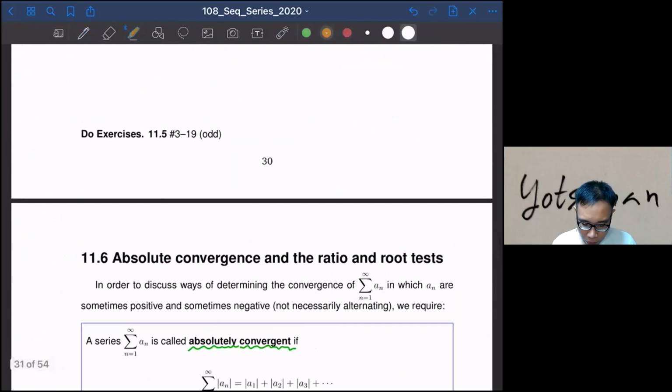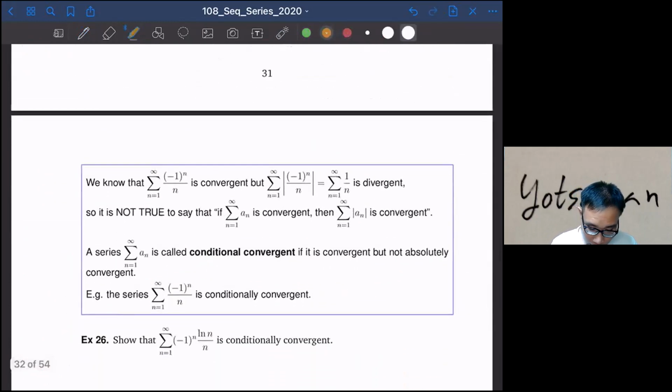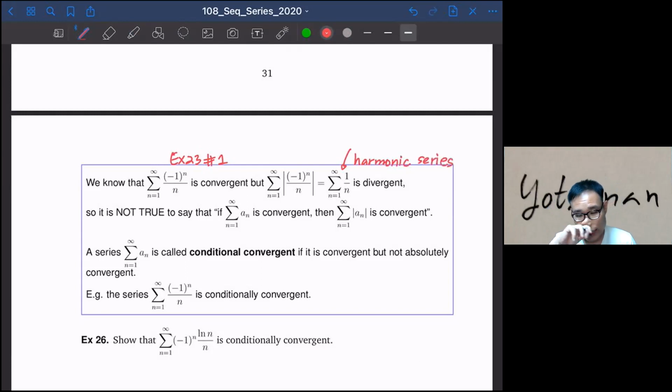And when you put absolute value, it turns out to be the harmonic series, and we also have shown that this series is divergent.